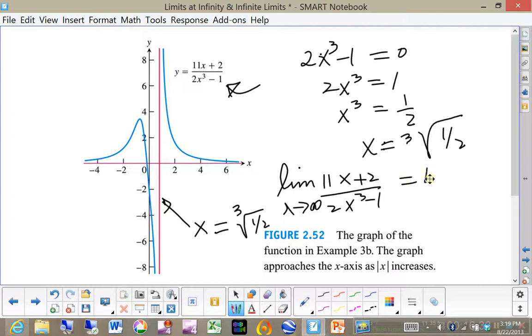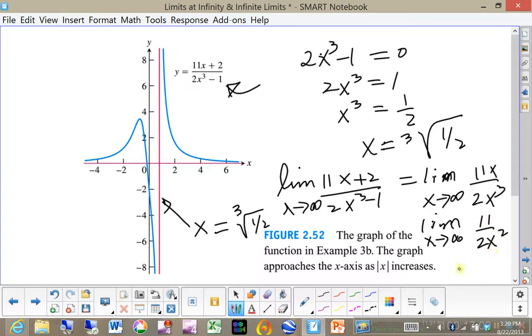You can see that the numerator is dominated by 11x, the denominator by 2x cubed, and this looks like the limit as x approaches infinity of 11 over 2x squared, which obviously goes to 0.